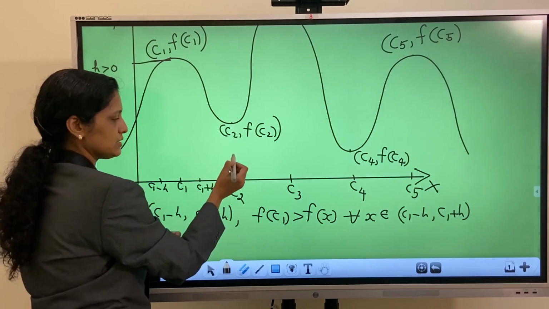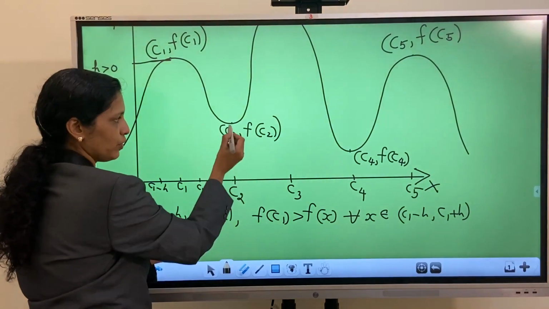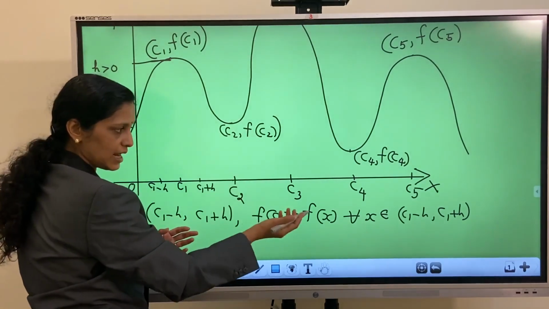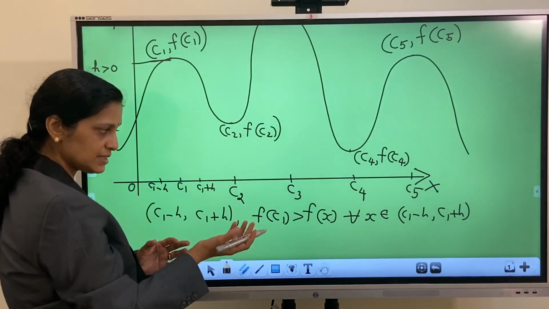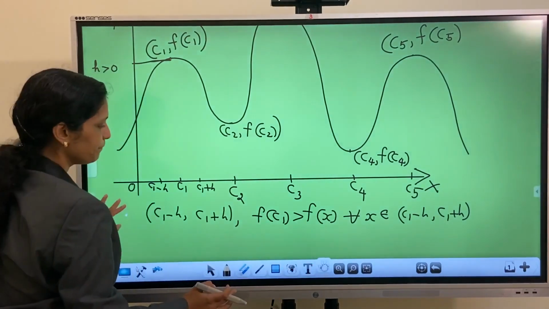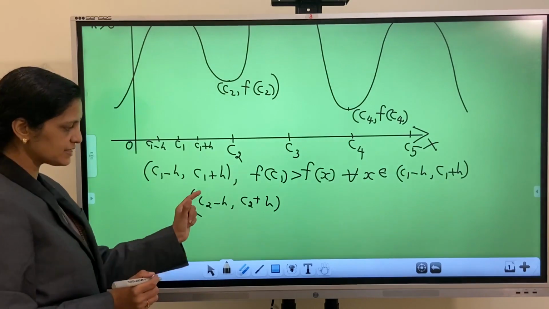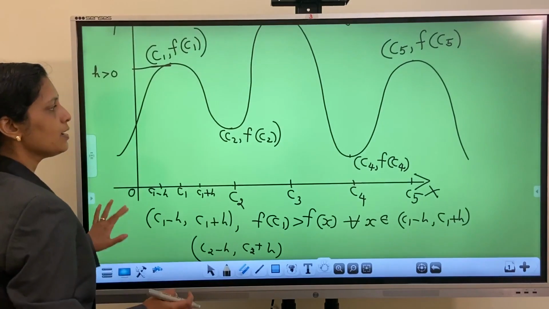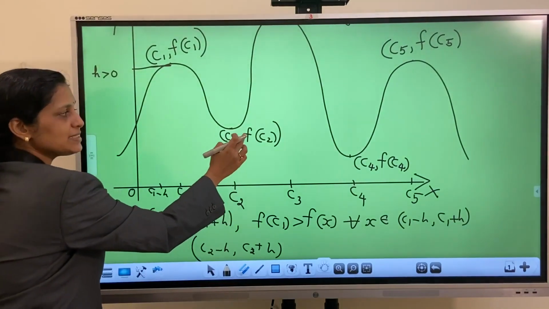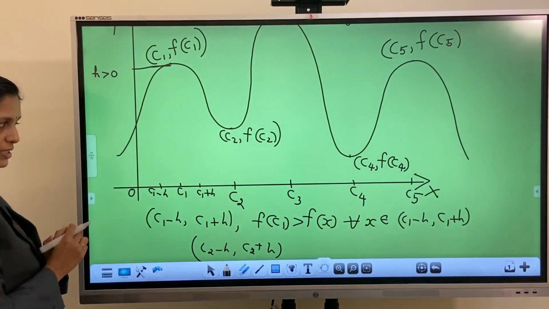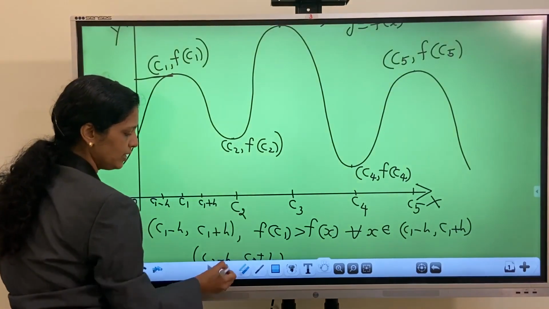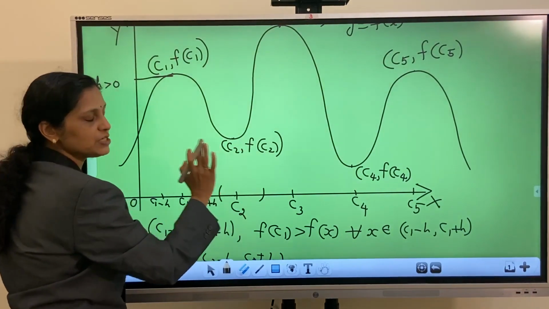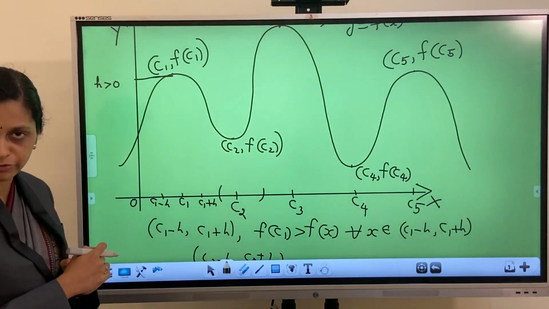Then, considering this point C2, similarly, just like C1 minus h, C1 plus h, if you consider the interval C2 minus h and C2 plus h, in this interval we can see that f of C2 is the minimum value attained by the function. In this interval, f of C2 is the least value attained by our function.